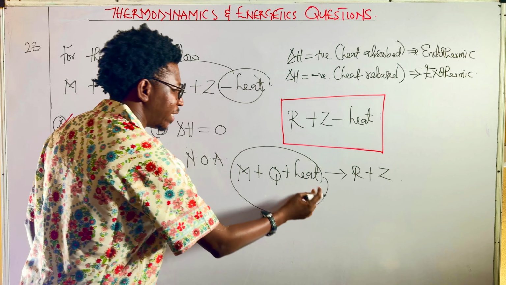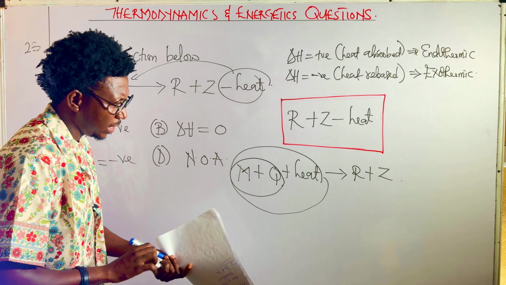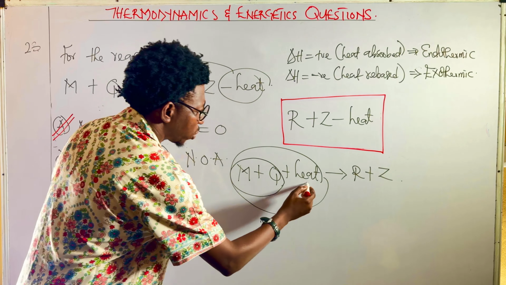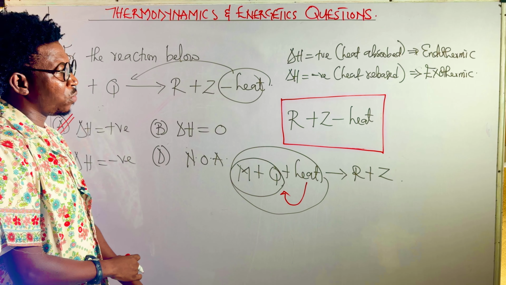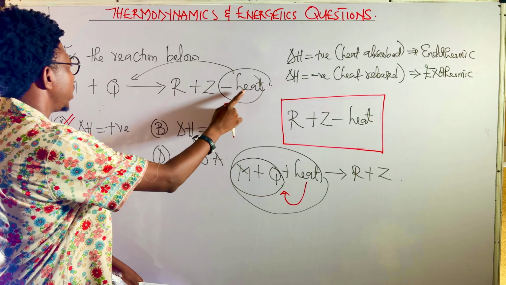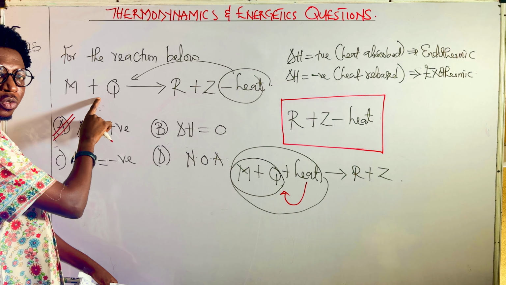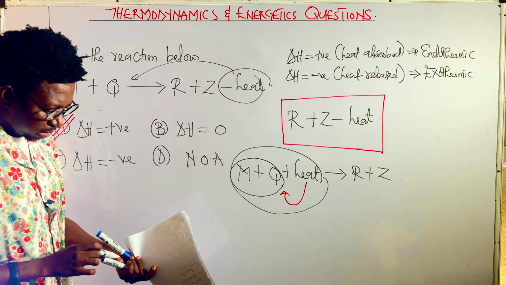It means that the reactants absorb heat from the surrounding to undergo the reaction. Minus heat on the product is equal to plus heat on the reactant. Are you seeing it now? So it's very clear.